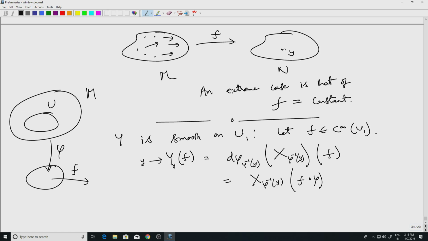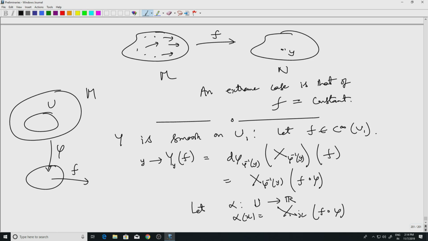Well, this can be written as a composition of two maps. Let's define two maps. I want to define a map alpha from U to R by alpha at x equals X at x of f composed with phi.